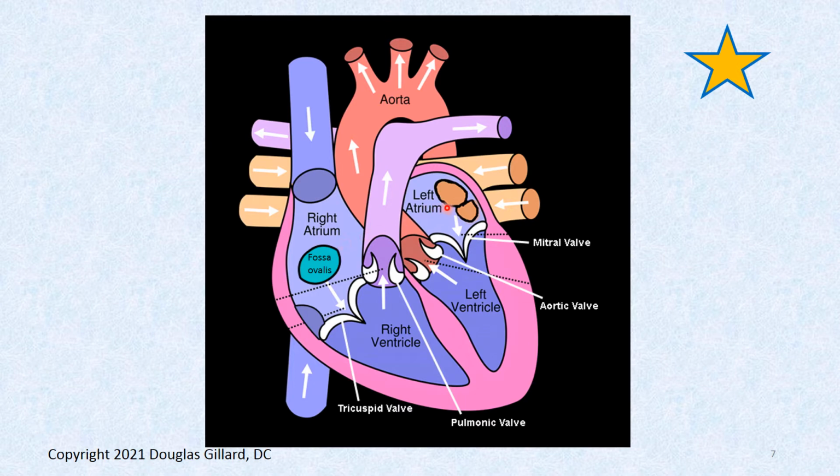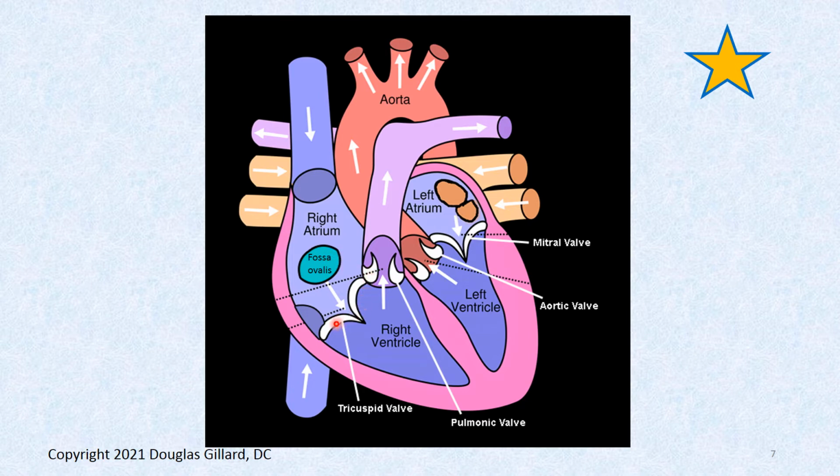The left atrium is not over here, by the way. This is just a cartoon. The left atrium is right behind this. If I could draw the left atrium, it would be right about here, but it's more posterior. That's an important concept. Once you're born, those flaps come together and you have yourself the fossa ovalis, which we're going to get into today.